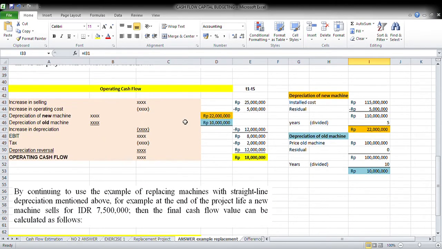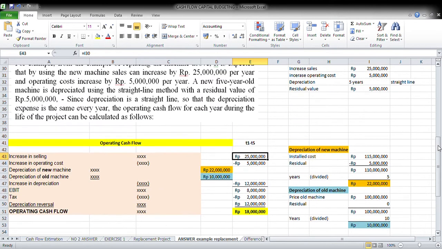So we know that the increasing selling, this is the same from T1 until T5, increasing 25 from the given, and then this is the increasing operating cost from the given minus, because this is an increase, so we get the minus.